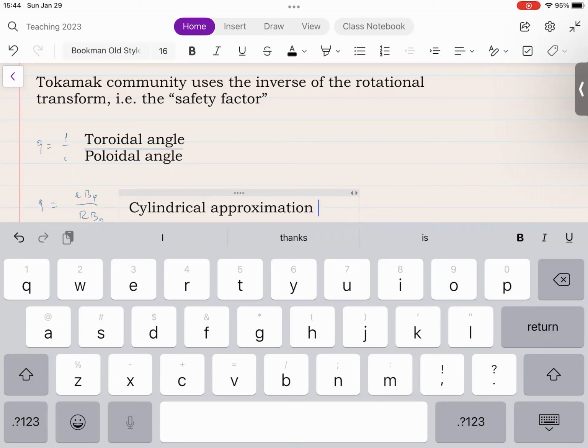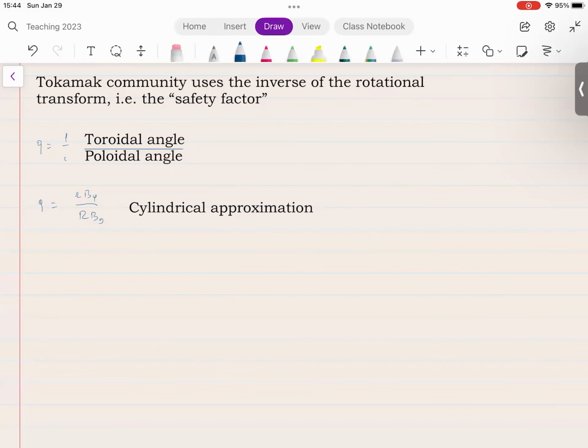And if you work it out, you'll see that delta is going to be equal to the Larmor radius times the safety factor. That's, again, for small poloidal.